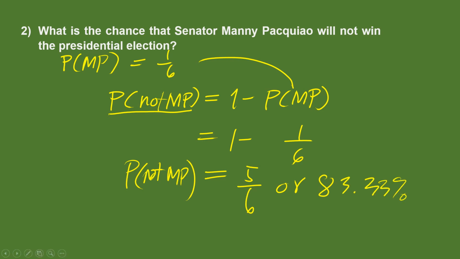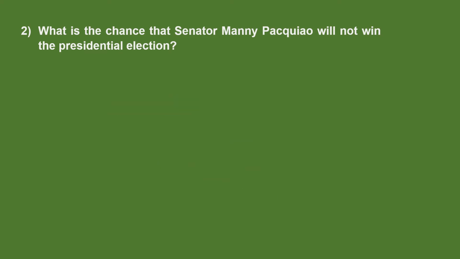So there is an 83.33% chance that Manny Pacquiao will not win the presidential election. So that is the complementary rule. If we can measure that something will happen, we can also measure that something will not happen. That is the complementary rule.